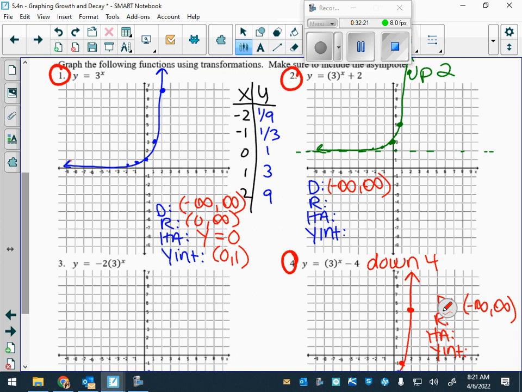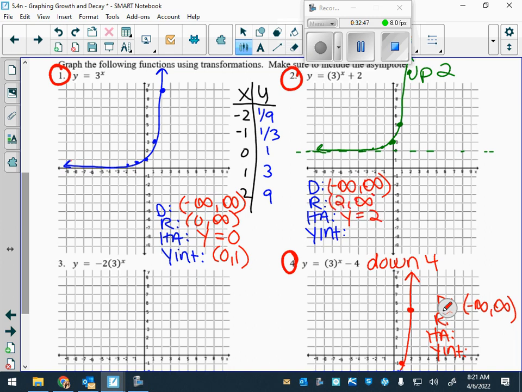Okay. Now, looking at number 2, we moved up 2. Okay. So what is going to change? Rob. Good. The horizontal asymptote, which is what? Is excellent. Y equals 2.